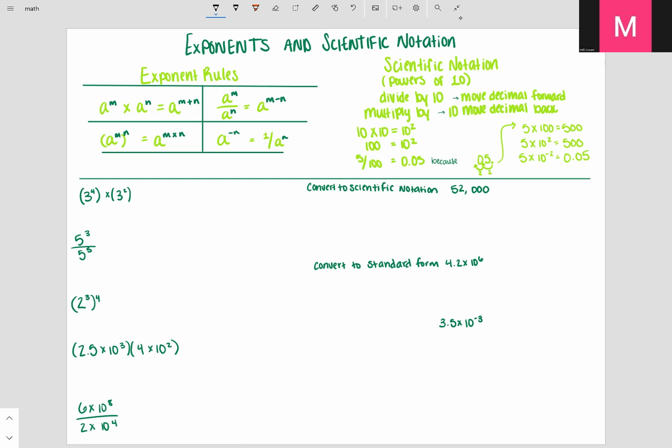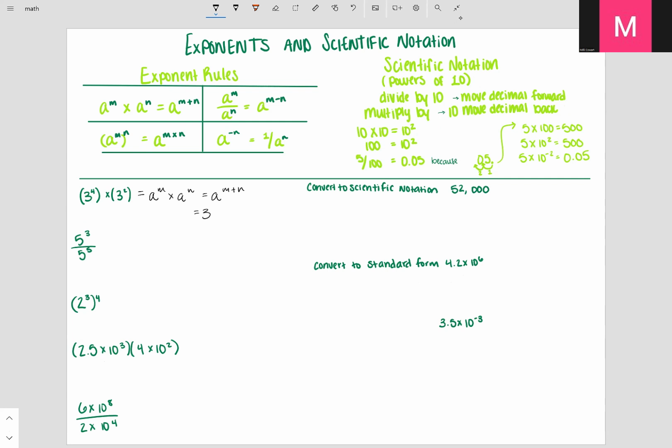So we'll go ahead and work with some of these before we go to scientific notation. For this first one, we have a to the m times a to the n, and that means we are going to add these exponents.